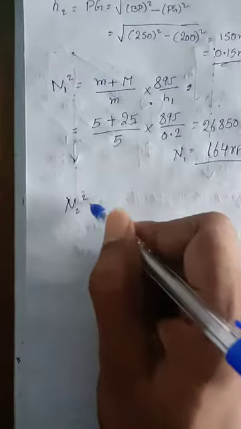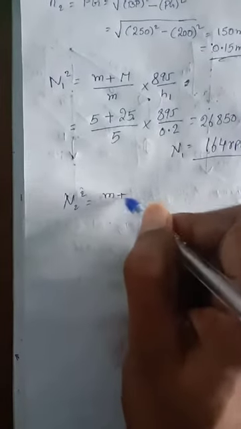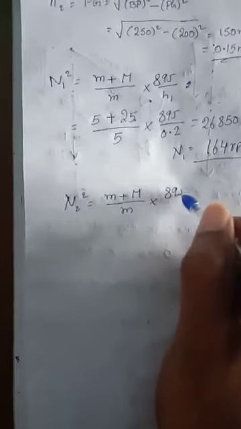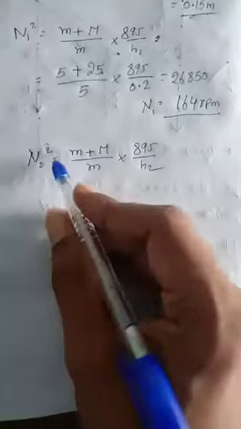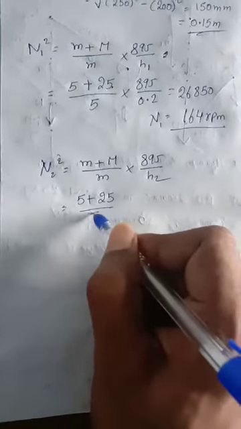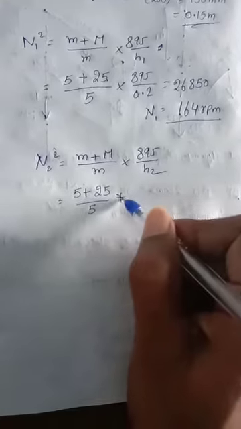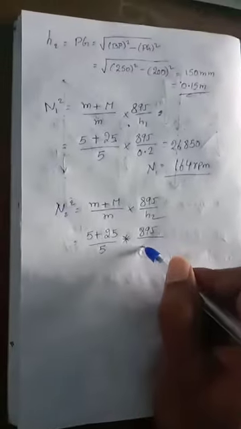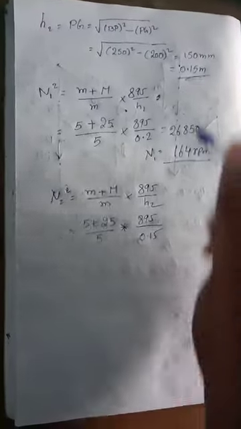Similarly, N2 squared is equal to (m plus M) by m into 895 by h2, with h2 equal to 0.15.